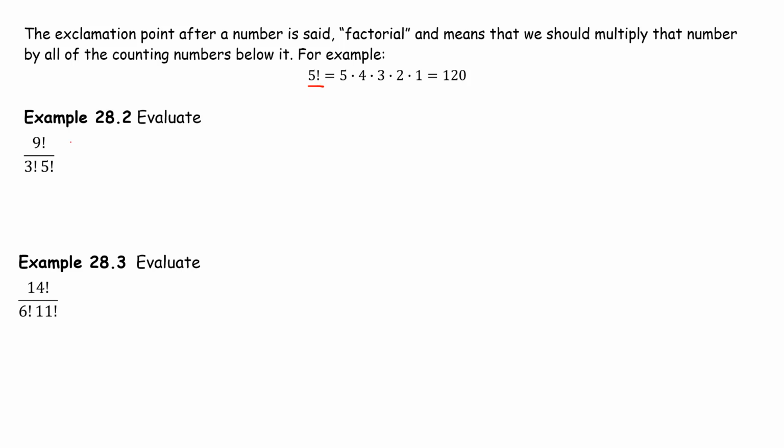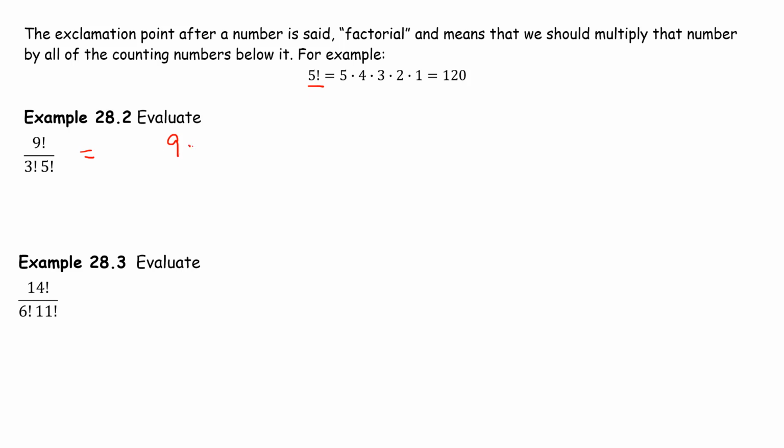So we've got 9 factorial over 3 factorial times 5 factorial. You could just punch this into your calculator, but that's not the point of this problem. The point is to help you understand how factorials act so that you can then use factorial notation to write a very complicated expression in a more simple way. And if you do this on your calculator, you're not going to learn how to do that.